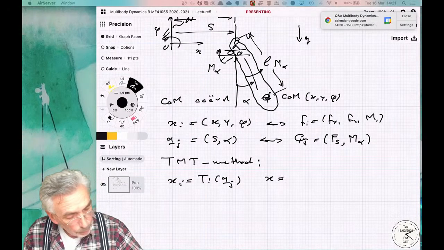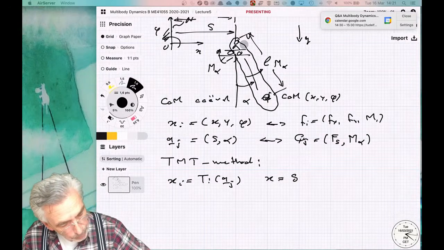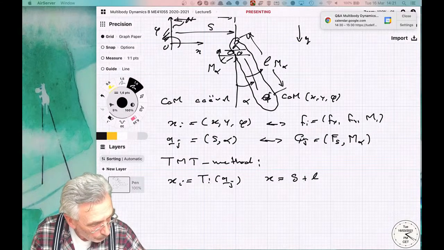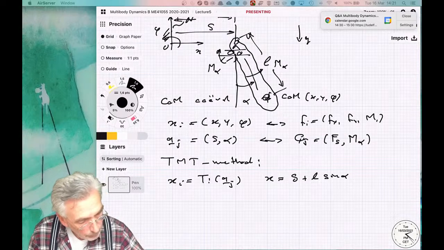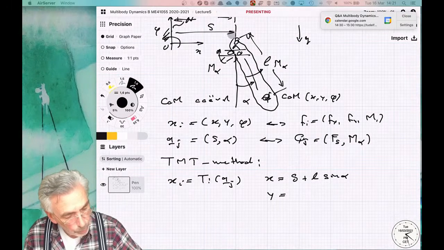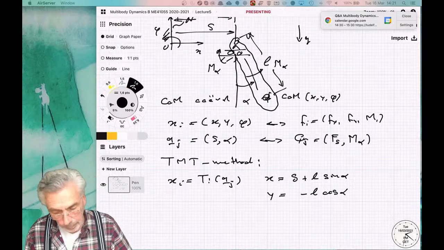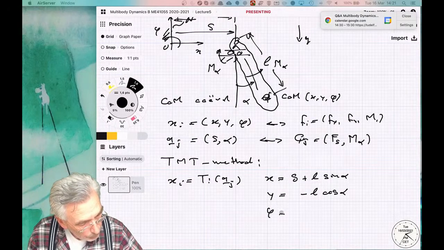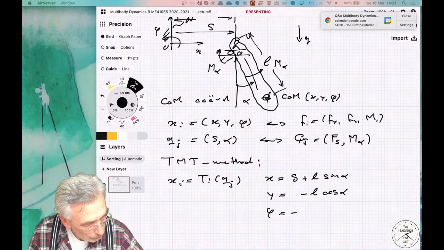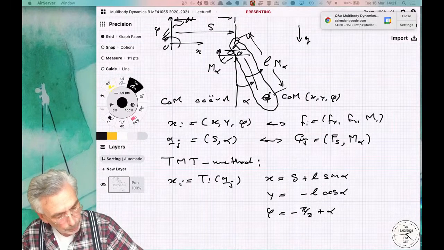The position of the center of mass, x, is this linear distance s plus L sine alpha. Then the vertical coordinate y, there's no s involved, it's just the angle alpha: minus L cosine alpha. And the angle phi is, if we start from the horizontal, minus pi over 2 plus alpha, because the direction is positive.